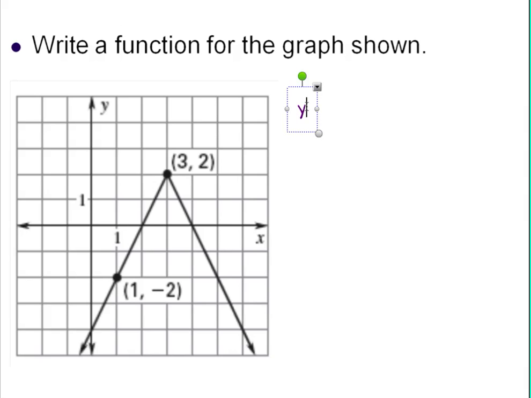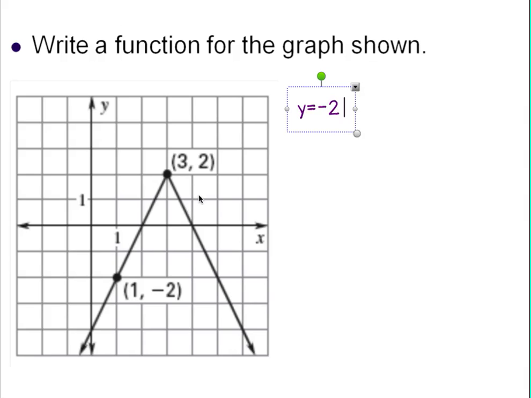So we know that y is equal to, now I'm just going to check and make sure that I know I'm going to have a negative because it's upside down. And I normally would go to the left 1 and down 1, but notice I'm going to the left 1 but down 2. So that tells me I'm going to have a vertical stretch by a factor of 2, so the 2 goes there. I'm going to leave a blank so I can go back and put in the absolute value bars here. And then let's see.